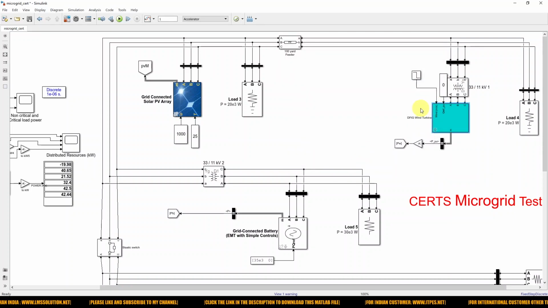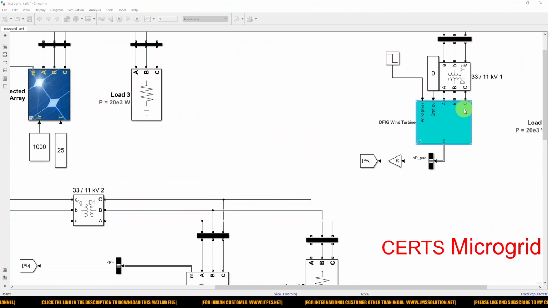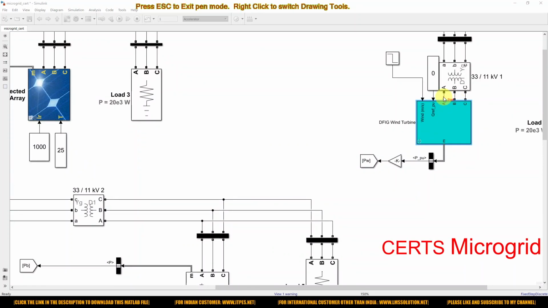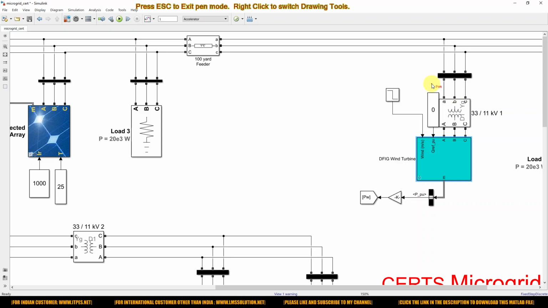So here you can vary the wind speed, and also you can provide the reactive power requirement here. The output of this wind turbine is around 33 kilovolt. It is stepped down to 11 kilovolt by using this transformer, and then connected to the feeder.